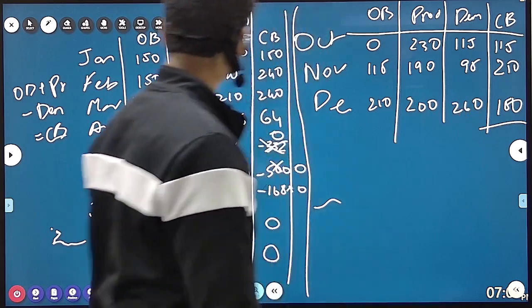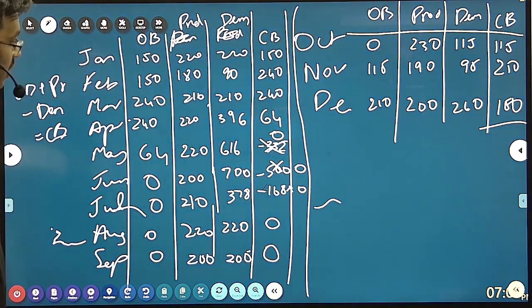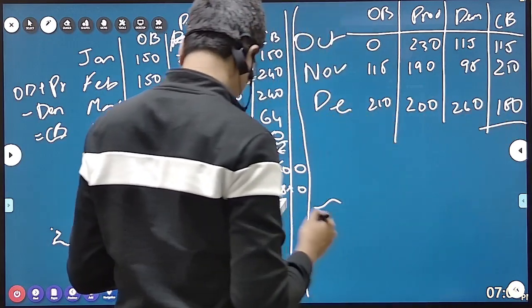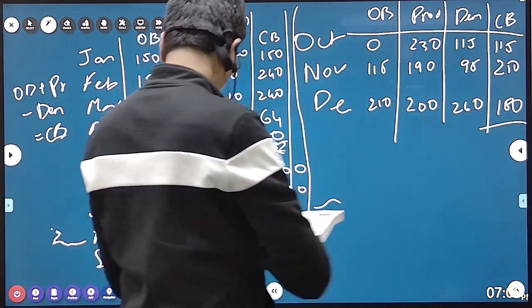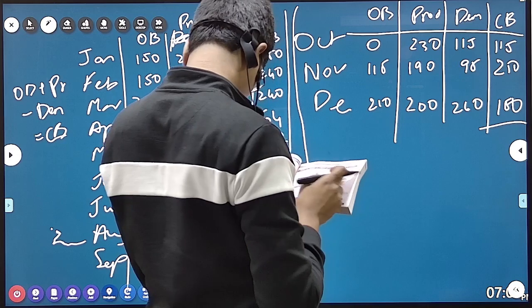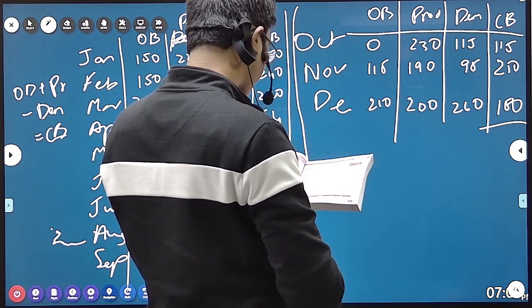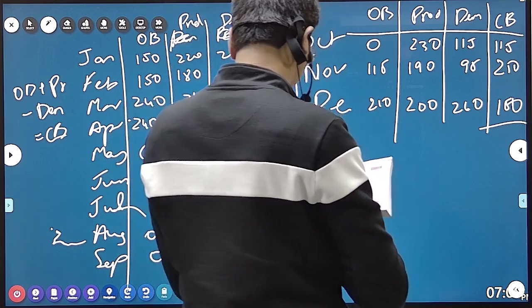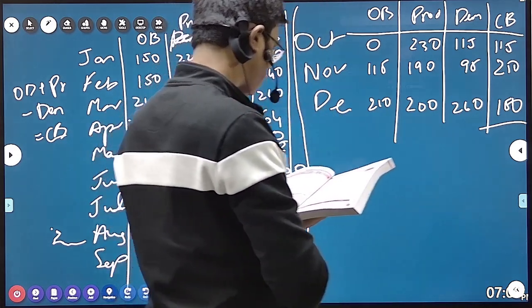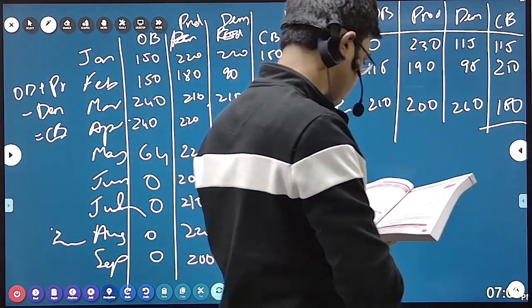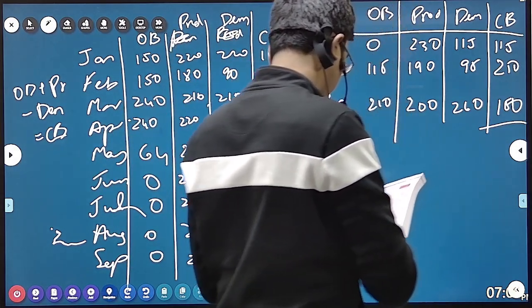Okay. So now your carrying cost would be this closing balance. You will have to sum all the closing balances, and he has given the carrying cost, right? So 20% of the inventory cost of the year.